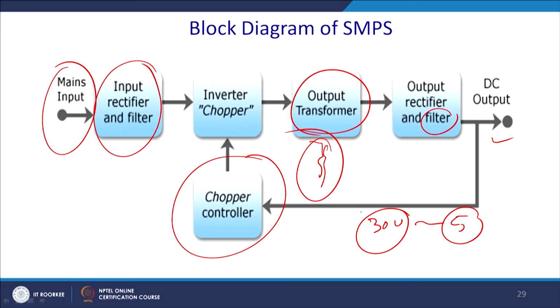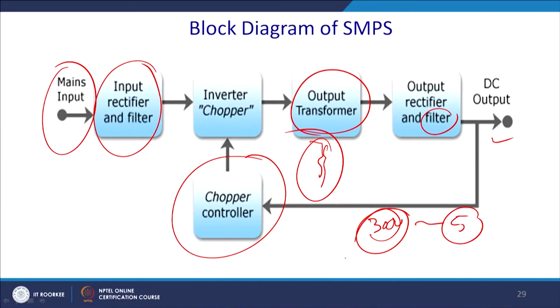If you are bucking 300 volt to 5 volt, which is the kind of bucking you get in your laptop or mobile charger, because you are feeding through a diode based rectifier, the peak voltage of the DC is around 300 volt, and since it takes a negligible amount of current, you get almost 300 volt, and you are getting a regulated 5 volt.